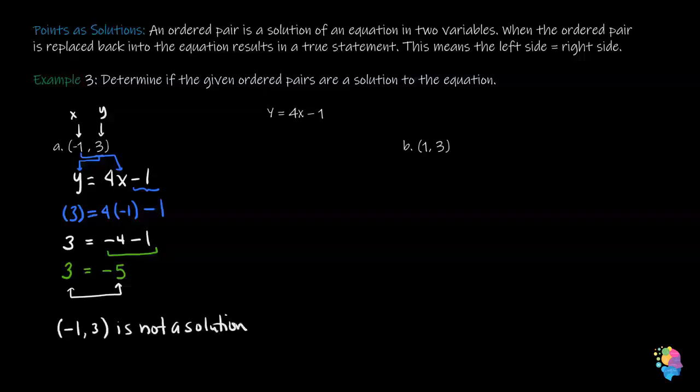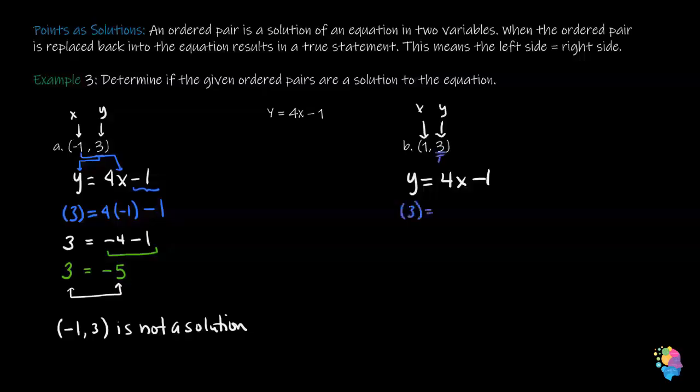So let's try B and see if B is a solution and how it is different from A. I'm going to bring down the equation again to give myself space. I'm going to replace this time the x value with a 1 and the y value with a 3. So the y will be 3.